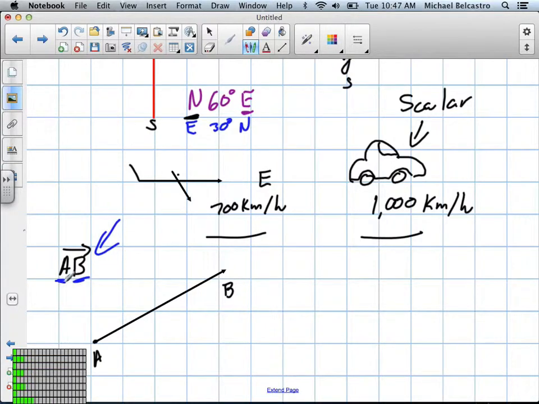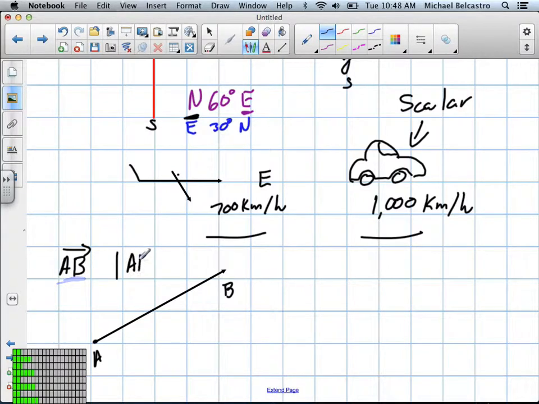So if it's written like this, this means I have something that has direction and magnitude. This can also be represented as the absolute value. The absolute value of AB, or this vector, would be strictly the magnitude. So let's say this is a vector going at maybe 50 kilometers an hour, and it is on a bearing of 45 degrees. Remember, that's from north.